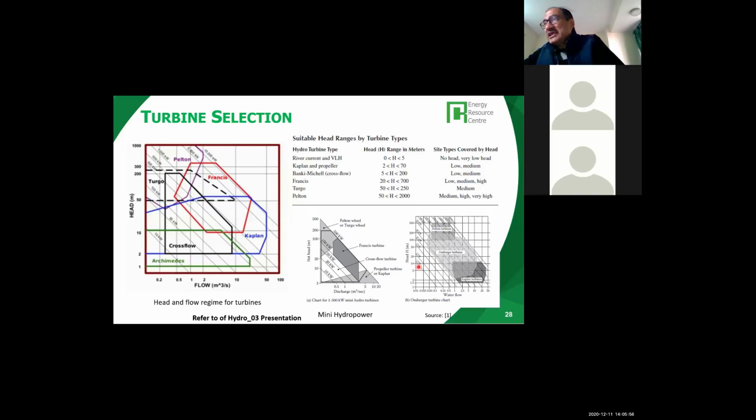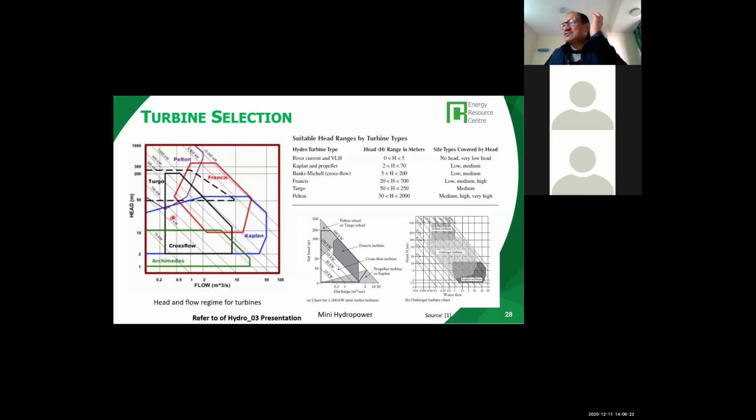And the main thing for selection of turbines, as we know, is the head and the flow, discharge. So for low head, as I showed, the Archimedes screw turbines are used. The cross flow turbines are also within the range of 10, 20 meter head.